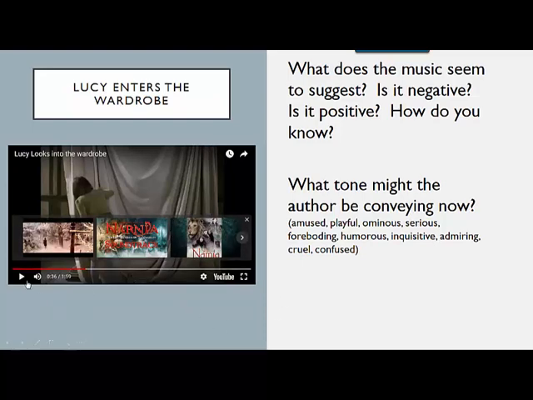Okay, so let's watch the rest of the clip and pay attention to the music and how the music is helping you understand the tone.